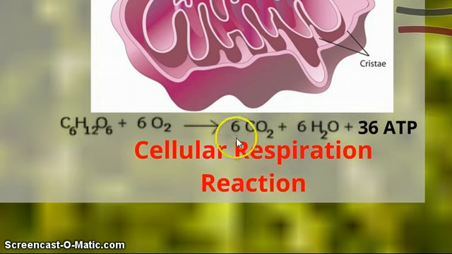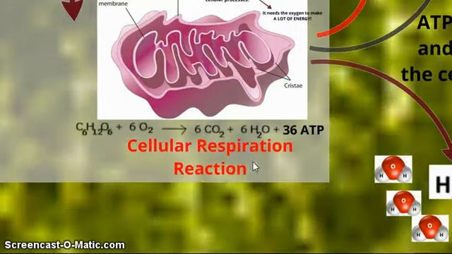Okay, that number 6 is very, very important. It comes in front of every single molecule except for glucose and ATP. So whenever you have oxygen, whenever you have carbon dioxide, and whenever you have water, there's always going to be a 6 if you're talking about photosynthesis or cellular respiration. So this is the cellular respiration reaction right here.